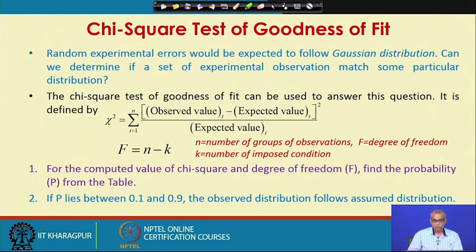For the computed value of chi-square and degrees of freedom, you find the probability from the chi-square distribution table.